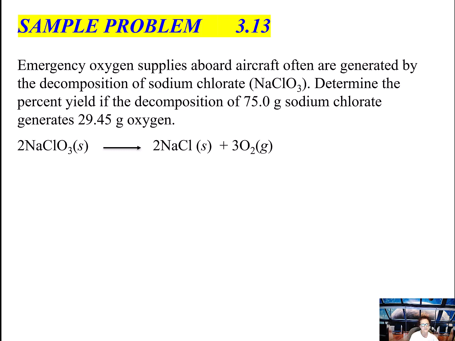Emergency oxygen supplies aboard aircraft are generated by the decomposition of sodium chlorate. To determine the percent yield, if the decomposition of 75 grams of sodium chlorate generates 29.45 grams of oxygen, it is going to occur according to this balanced chemical equation.